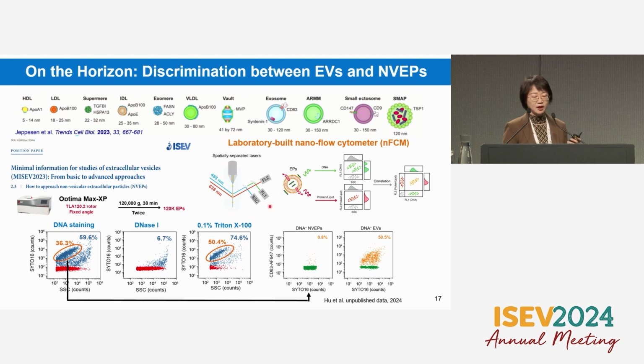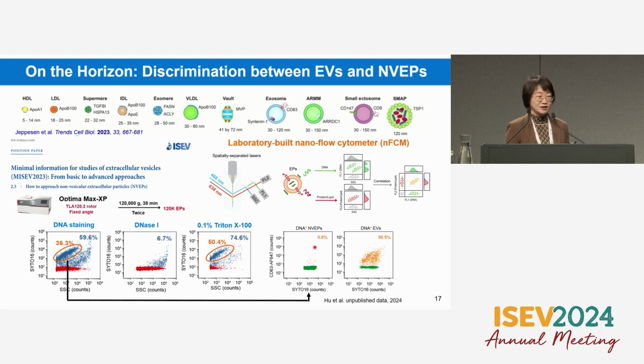Then we can label them with a nucleic acid dye and an antibody. Without cross talk of the spectrum, we identified a population that can be labeled with DNA, and this DNA can be degraded by DNase 1, but this fraction is insensitive to detergent treatment, and it doesn't express CD63.